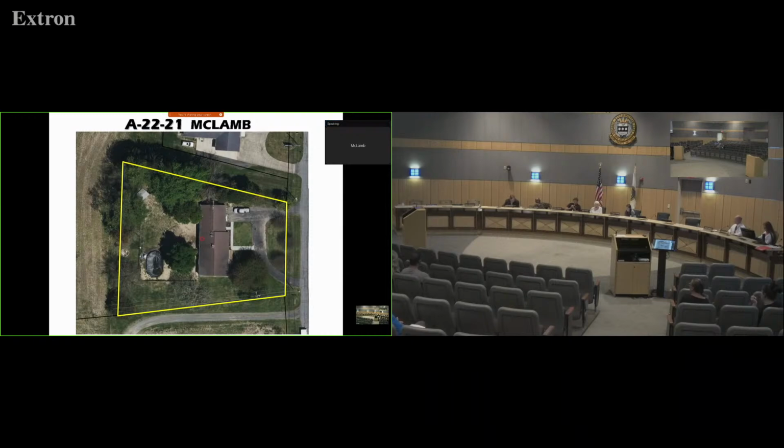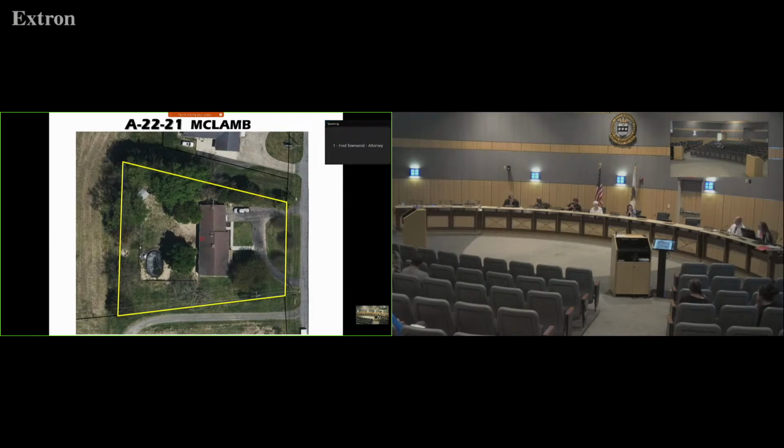Thank you, Mr. McLam. Does anybody have any questions for Mr. McLam? I've got a question of staff. The measurements listed here, 75 feet. Apparently, this easement isn't taken into account. Is that correct? So there's some confusion here. The front property line is not the road.